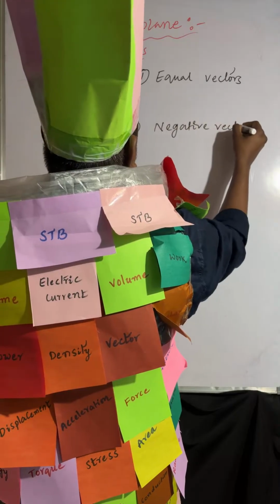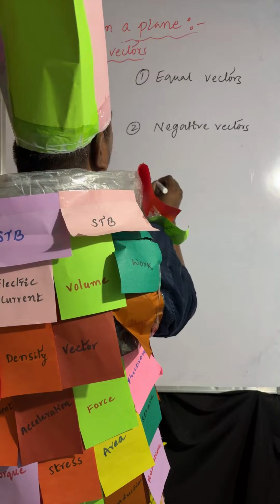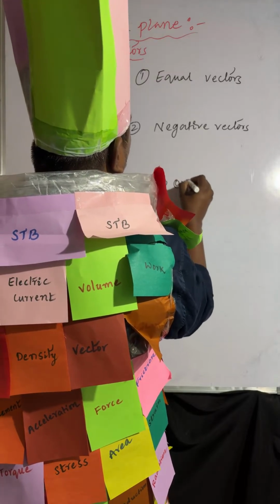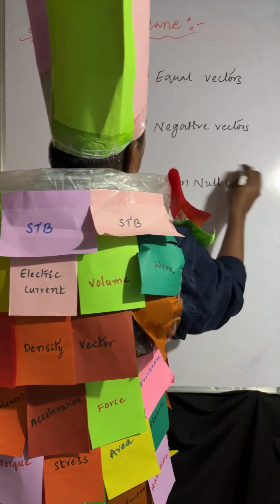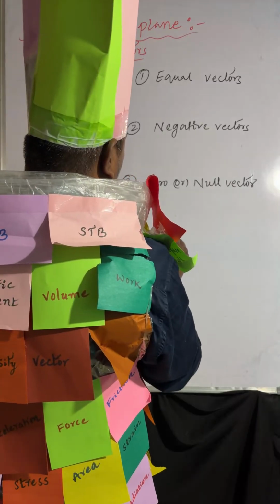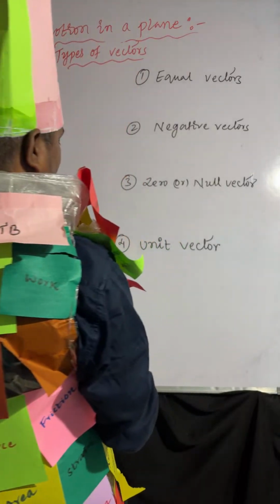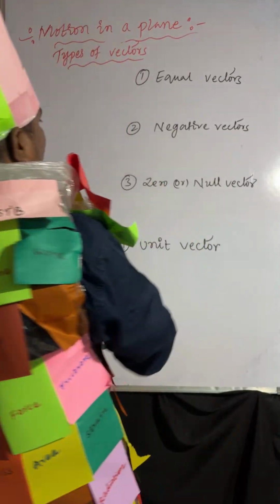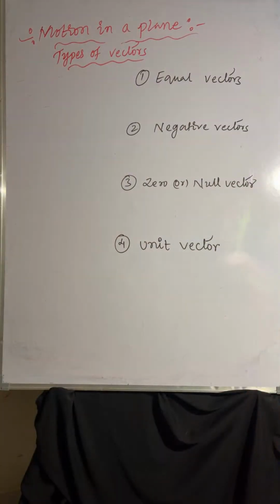The third one is zero vector or null vector. And the fourth one is unit vector. These four we'll discuss. Later we will discuss orthogonal unit vectors, collinear vectors, coplanar vectors, all those things.